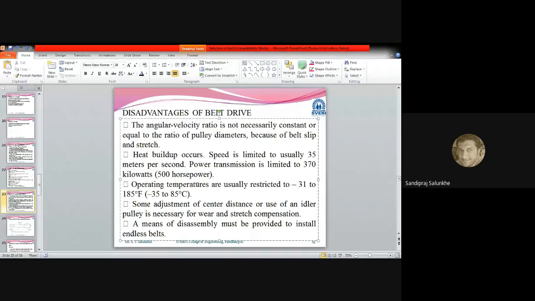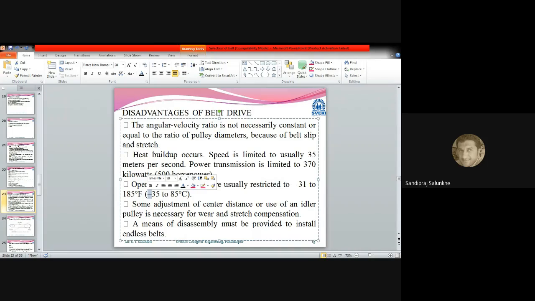Then the operating temperature is usually limited to minus 31 to 185 degree Fahrenheit, that is minus 35 degree Celsius to 85 degree Celsius. This is a small range. If we want to transmit power below minus 35 degrees Celsius, then we have to go for another type of transmitting device.